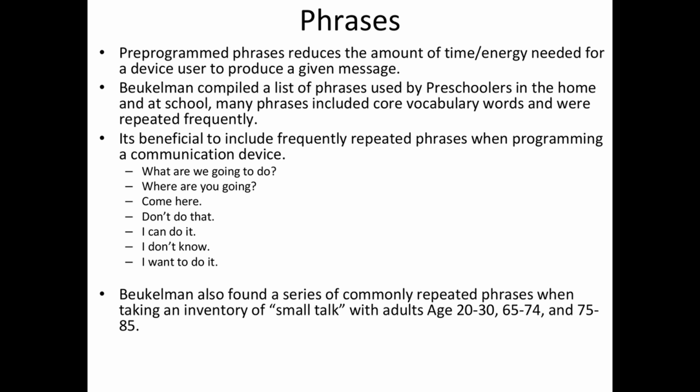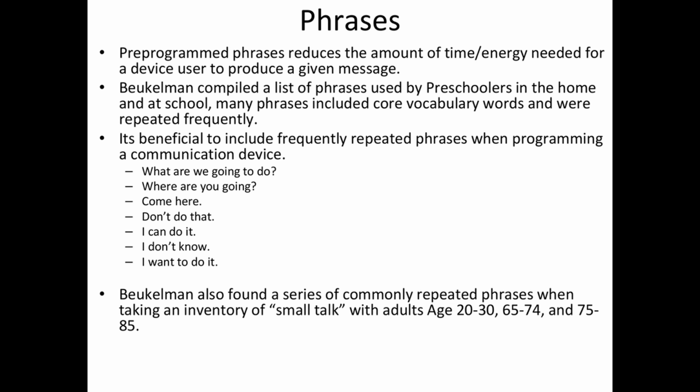Phrases are good because they reduce the amount of time and energy needed for a device user to produce a given message. They can press one button or one cell instead of 15 to communicate a complex communication purpose. However, you still don't want to fill up the entire communication device with phrases because you want to provide opportunities for novel language production.